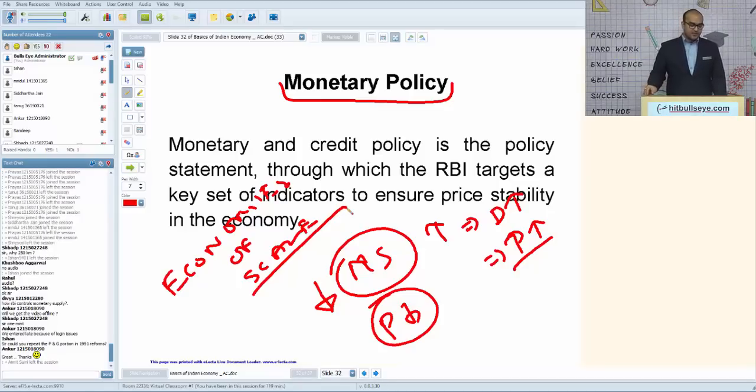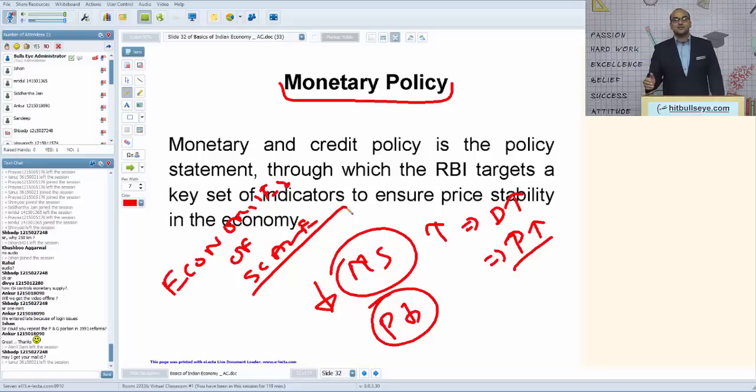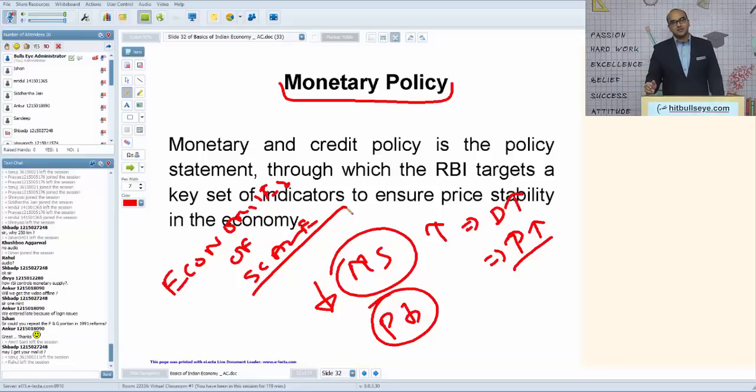As far as LPG is concerned, the L stands for liberalization, P stands for privatization, right? As far as P is concerned, before 1991, the government sector enjoyed monopoly over the industrial sector. That is, the private sector was not allowed to, let us say, produce steel in the country.